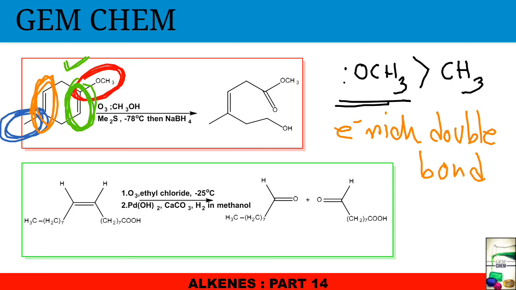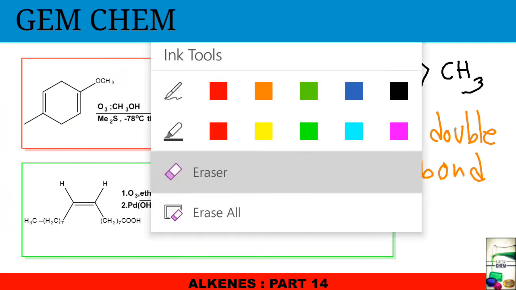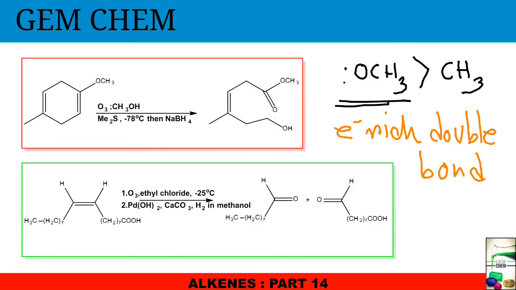So as you can see here, the attack takes place and the product comes at this double bond. And here, since OCH3 is present, if we take this as R group, then it comes as R group, right.